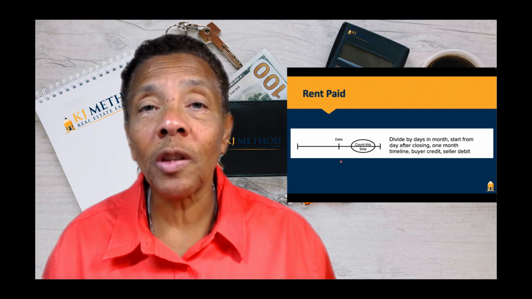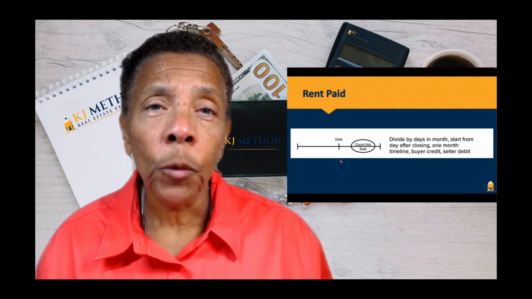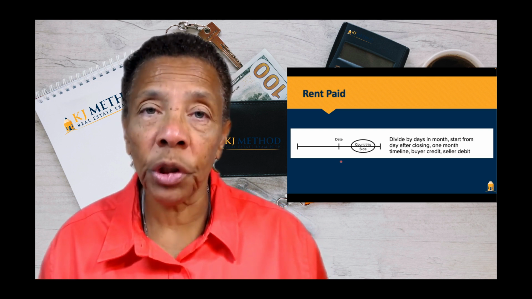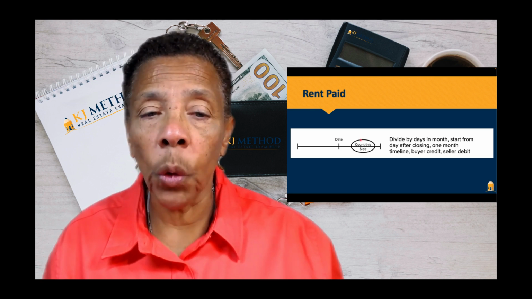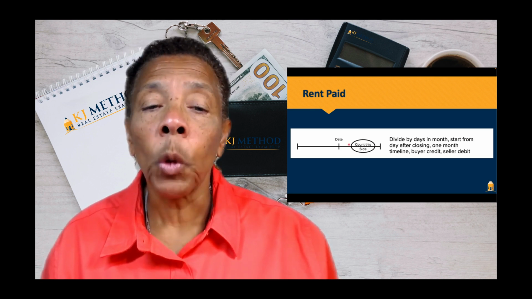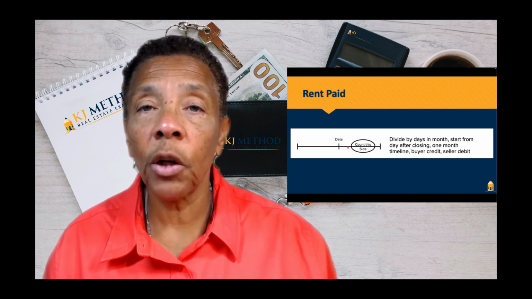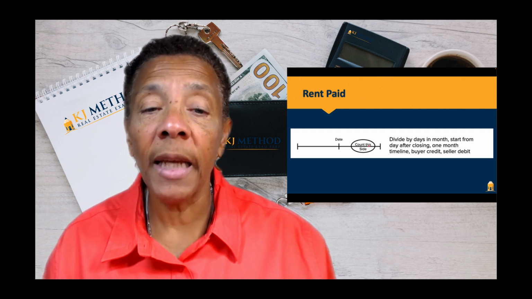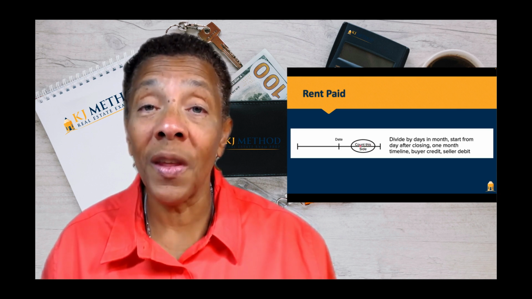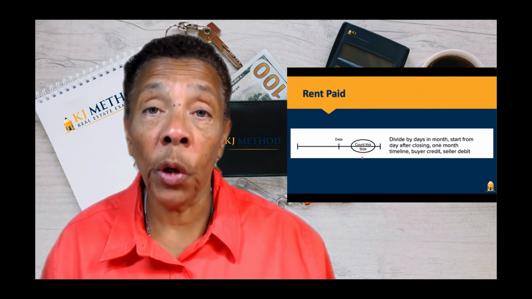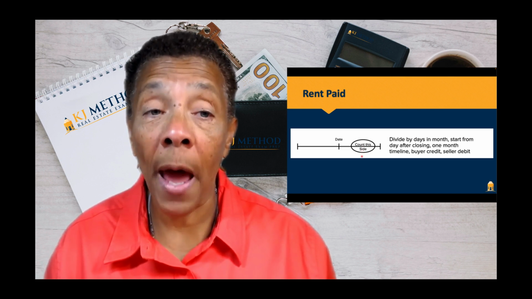Well, if the landlord is taking over the property, shouldn't that landlord get a portion of the rent for the time they own it? Yes, they should. And so we're going to count this side. When the landlord comes in here, we're going to say that this landlord is going to be entitled to this amount for the period of time that they own it, for that month.